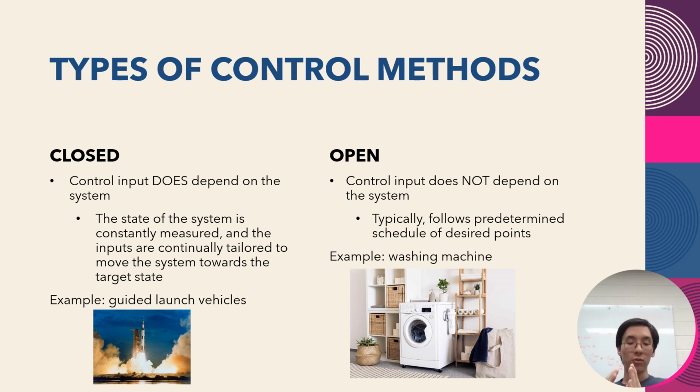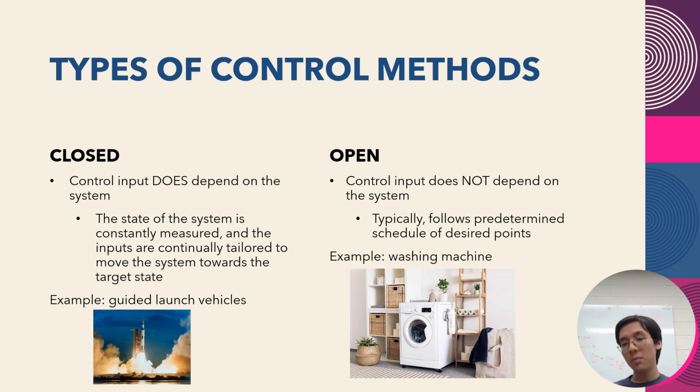A closed loop control system takes data from the sensor, applies the control action, like moving a thrust vector or some fins, which changes the state of the system, and then uses the sensor to check how well it did, see what input is required again, and apply another input until you're back on your course, until you're at that desired state. And then it'll maintain that desired state.